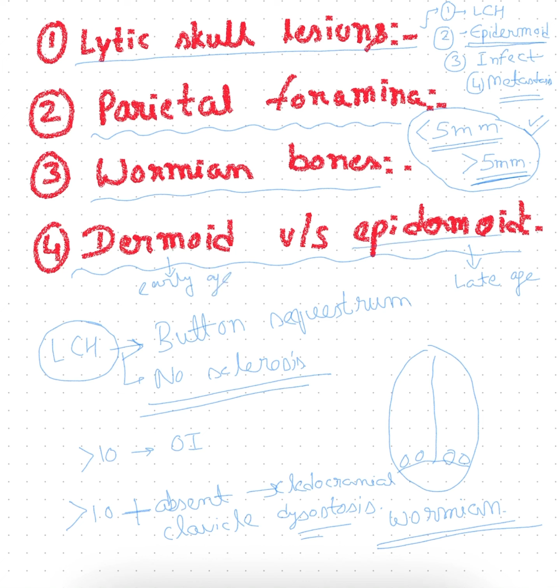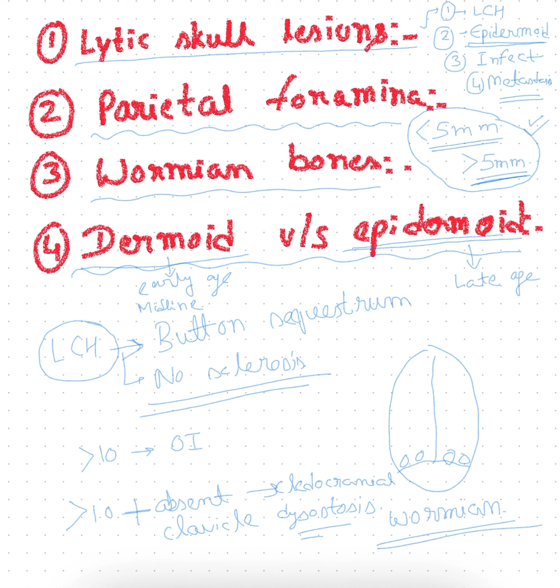In the epidermoid, usually only the skin is involved, while in the dermoid, along with the skin, there can also be involvement of the follicles or sweat glands. Next point is the location. The dermoid is always located in the midline, while the epidermoid is located on the side of the skull, not in the midline.